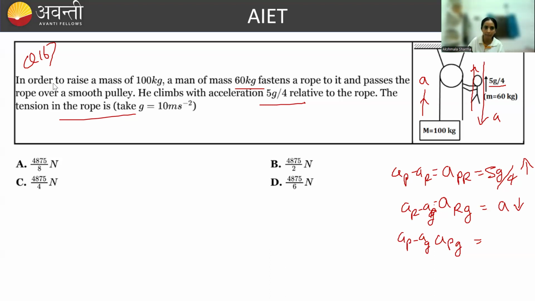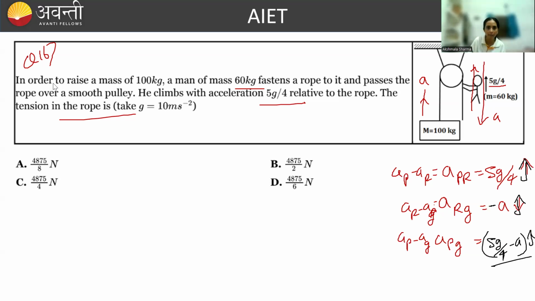So if you write it with proper sign, suppose this is j cap, then this is minus j cap. If we add it, this will become (5g/4 minus a) j cap. So the overall acceleration of this person with respect to the ground is in the upward direction.